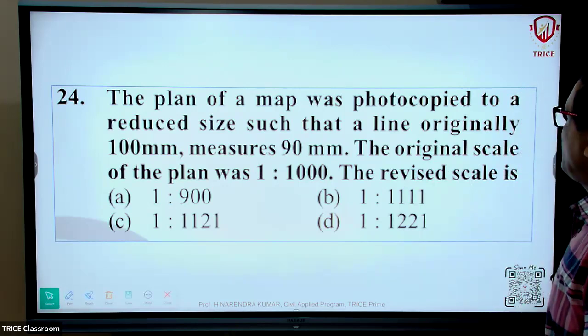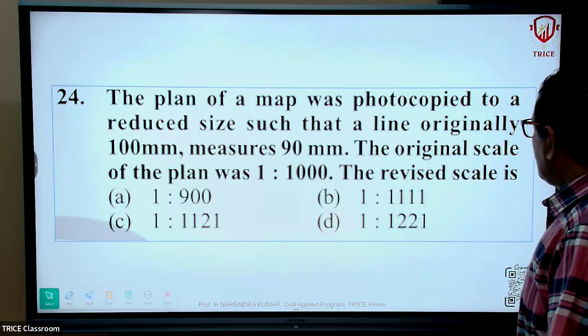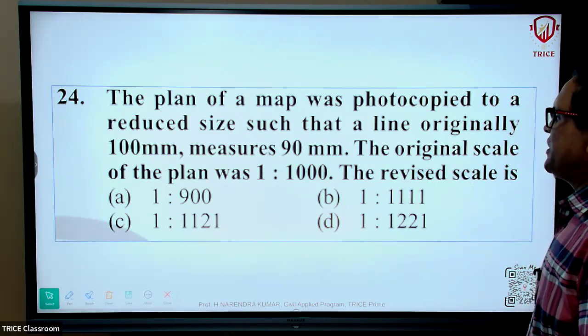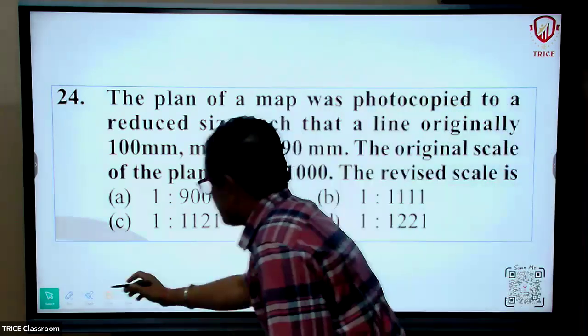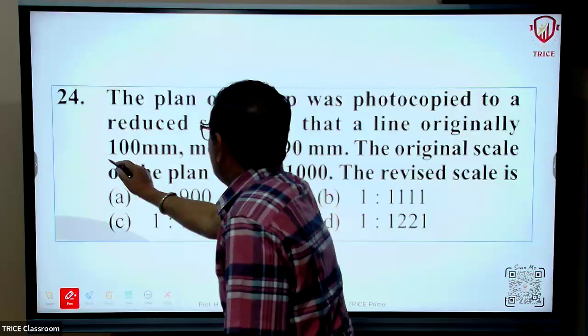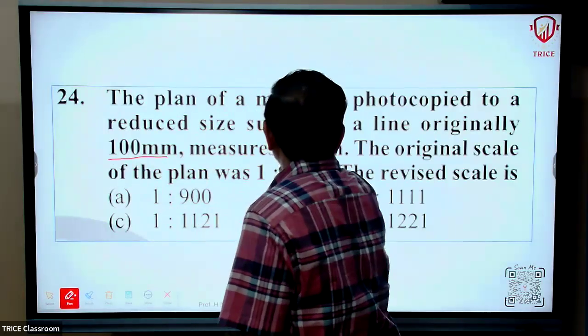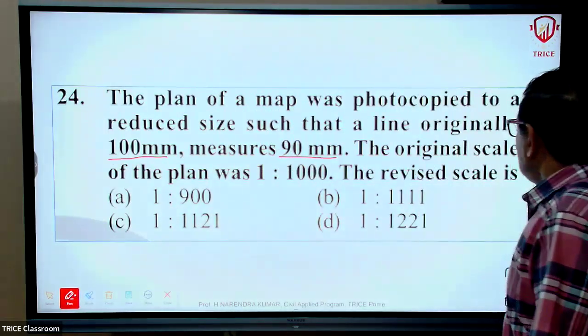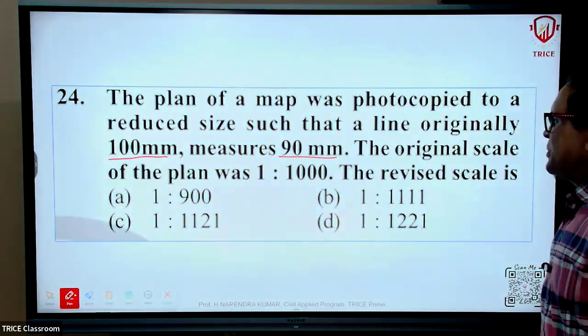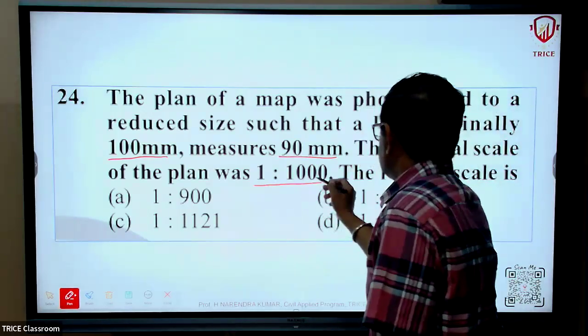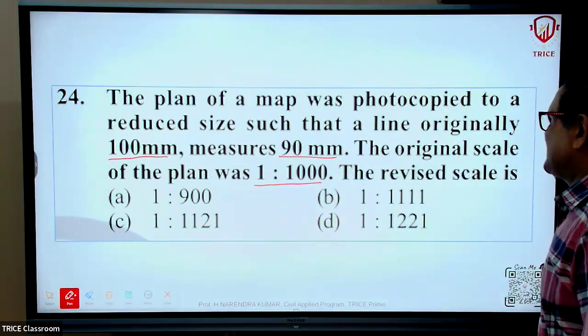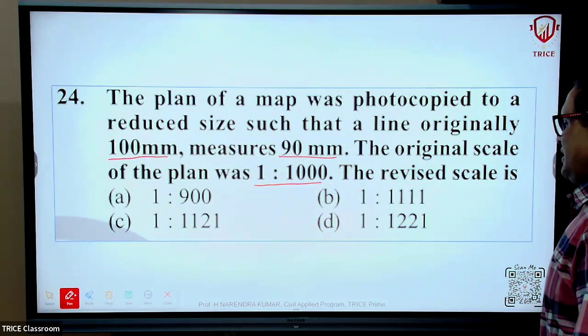The plan of a map was photocopied to a reduced size such that a line originally 100 millimeter measures 90 millimeter. The original scale of the plan was 1:1000. What is the revised scale?